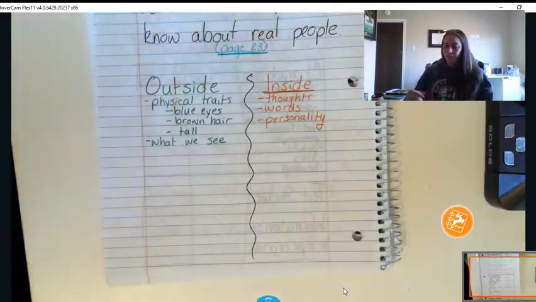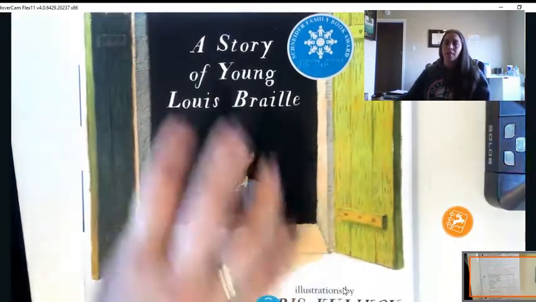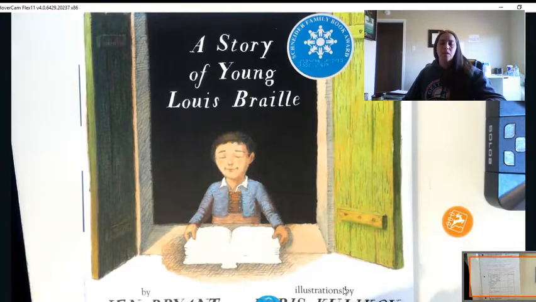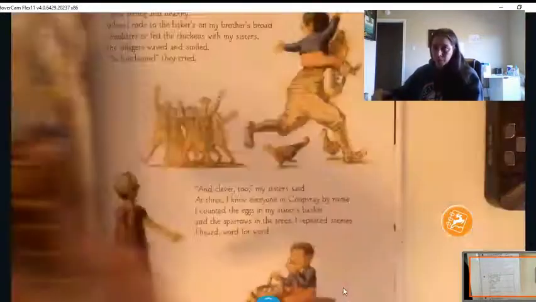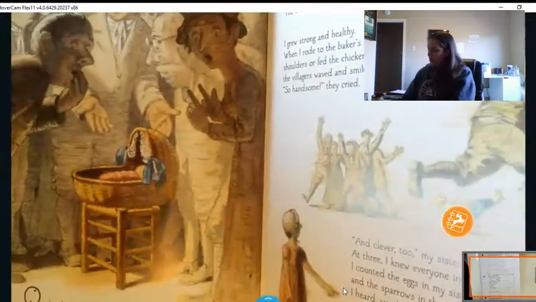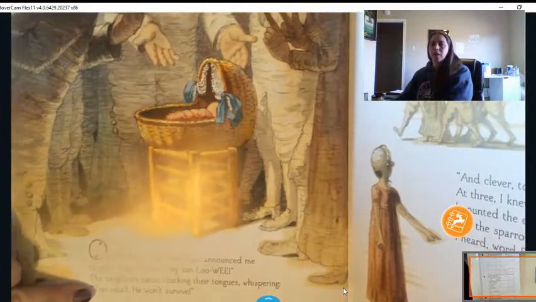So I'm going to very briefly walk you through a book called 6 Dots. It is a book about a young man named Louis Braille. And Louis Braille is the man who created Braille for people who are blind. And we're not going to read the whole book because it does take a while. But the first thing I'm going to point out is that the villagers right here are talking about how Louis is too small and that he won't survive.